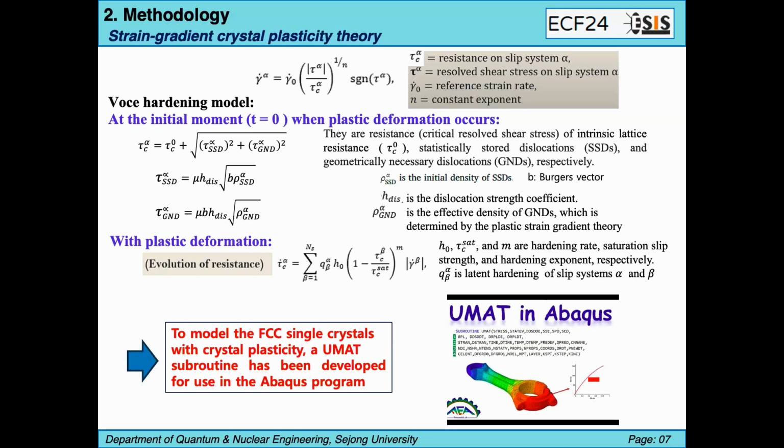With the plastic deformation, we model the evolution of resistance using this equation. As you can see here, there are many parameters we need to determine to get an accurate model. And in our study, to model the FCC single crystal plasticity, the UMAT subroutine has been developed to use in the Abaqus program.